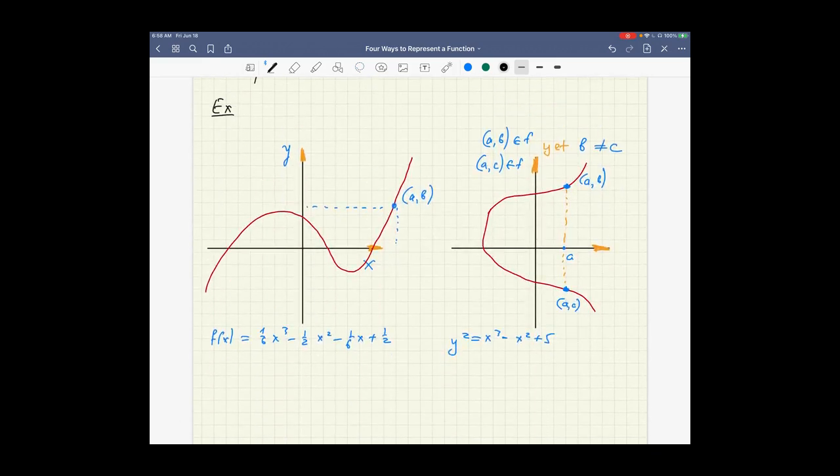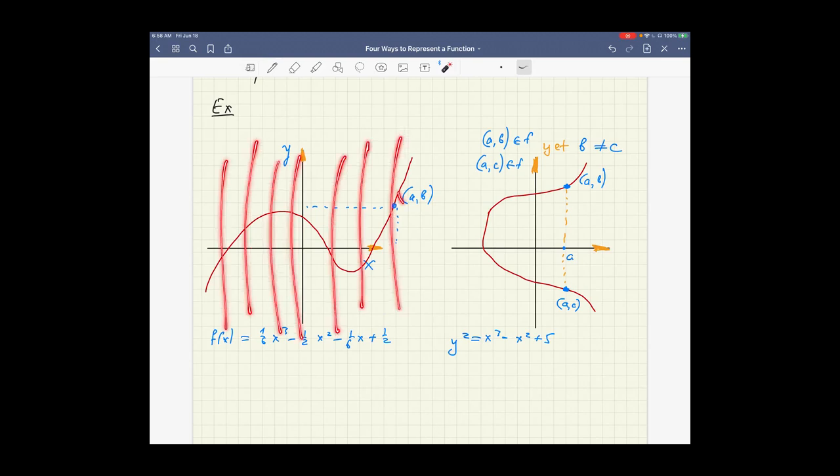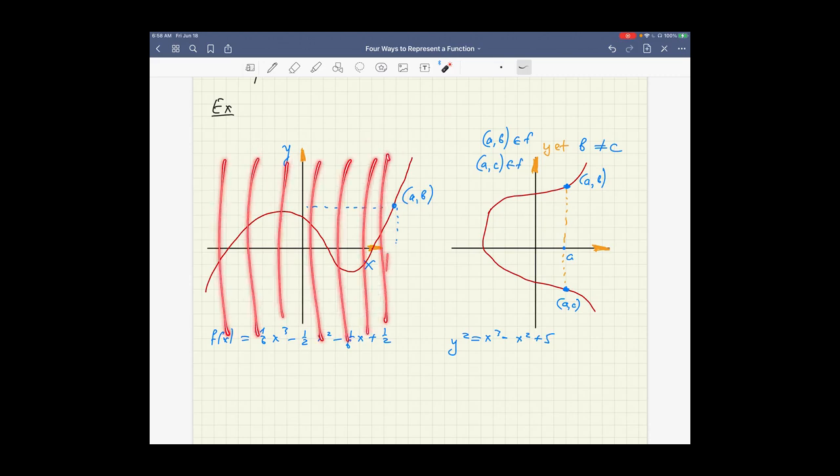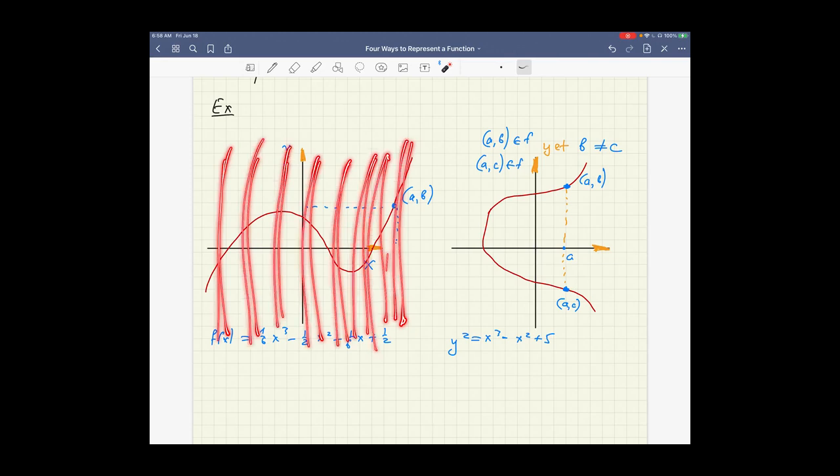So we can consider vertical lines crossing this curve in the left picture, right? And we see that no such vertical line intersects the curve more than once.